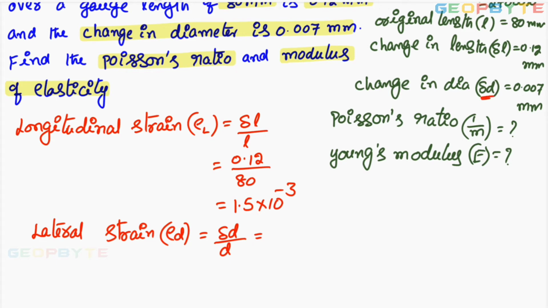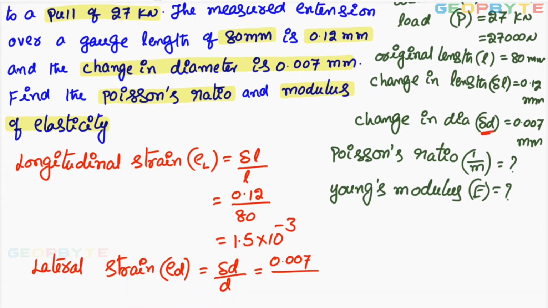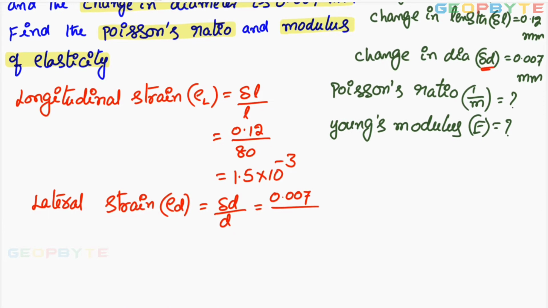Change in diameter is 0.007 divided by original diameter 16 mm. Its value is 4.378 into 10 raised to minus 4. That is the lateral strain.